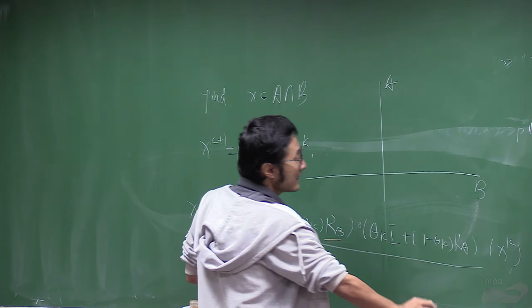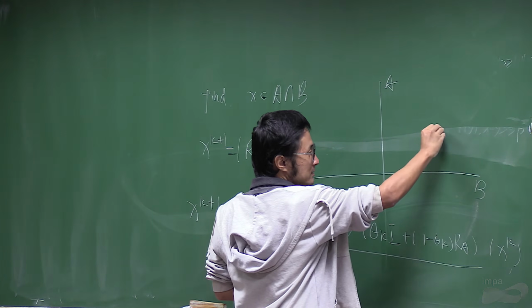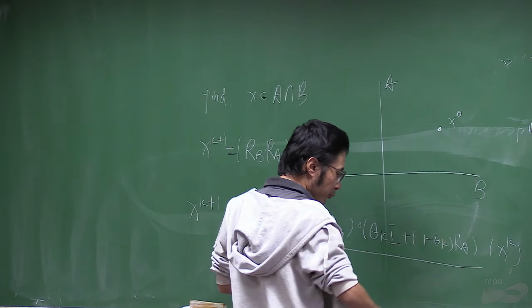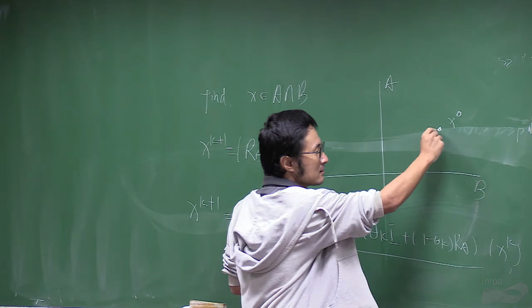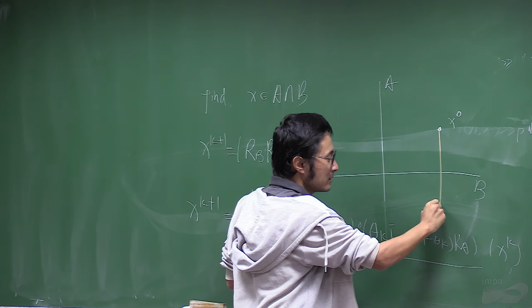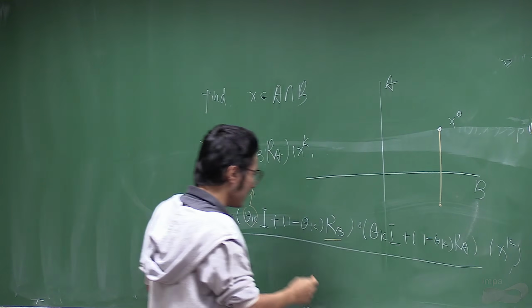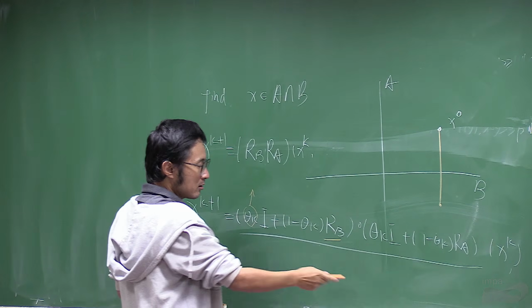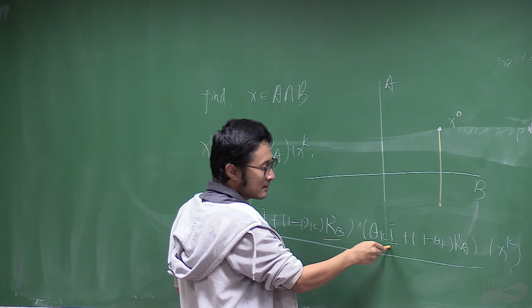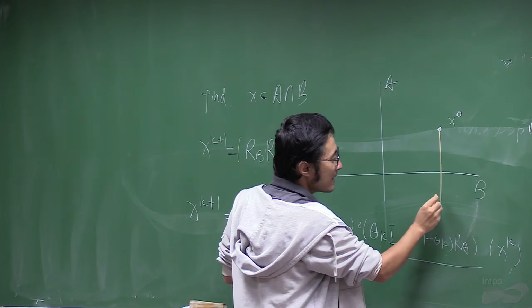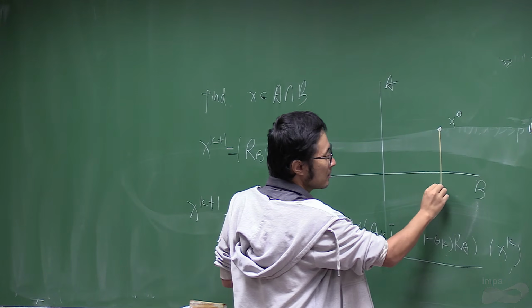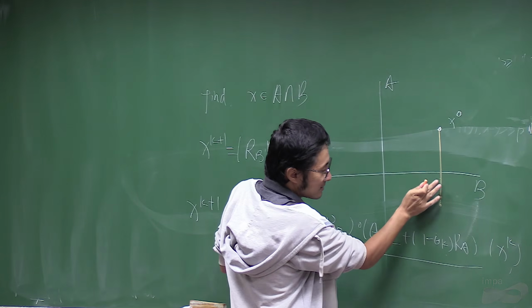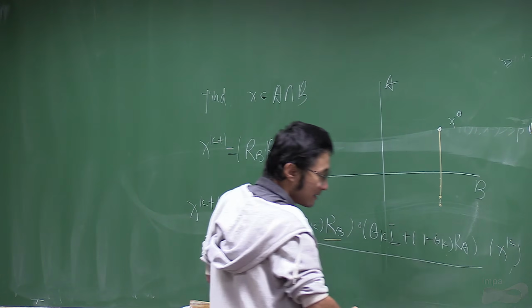We can see an example. This is x0, and if we use the reflection, we get here. But if we use a combination of identity with reflection, we may get some point here, or maybe closer, okay? It gets closer at least to set C.